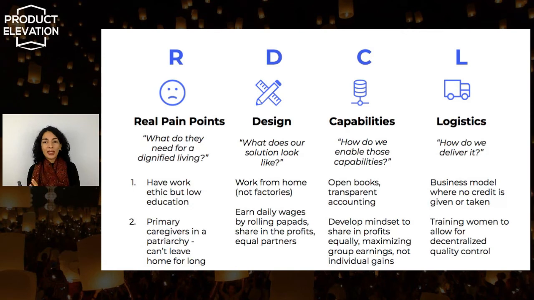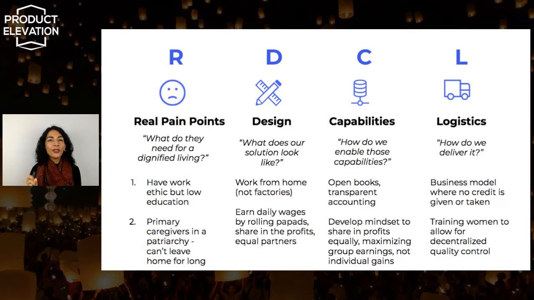In terms of capabilities, for them to be able to share profits equally every 6 months, well, they needed open books and transparent accounting. Because if all of these 45,000 women are splitting profits equally, they need to trust the system. So anybody should be able to look at the books. But also, there was another element of 45,000 women splitting profits equally.